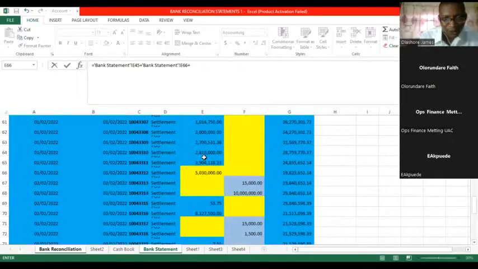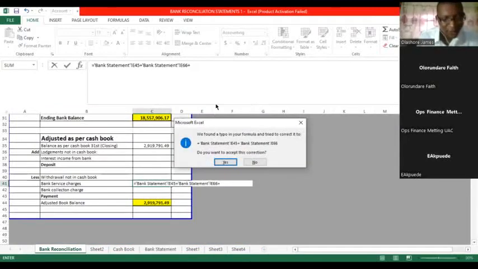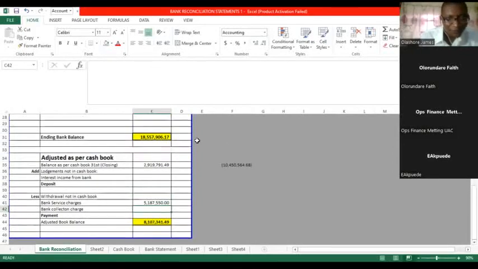I think that's all. Just these two figures. And by the time we add them together, it's giving us this figure.